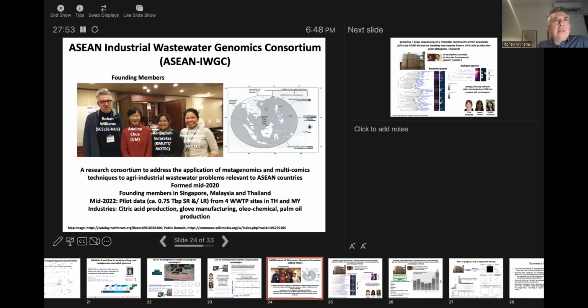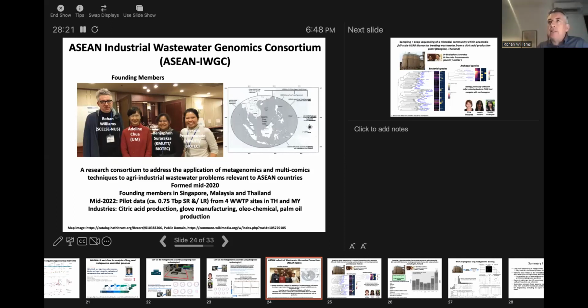And so if we move ahead a bit, this is another project that I'm particularly excited about. This is the ASEAN Industrial Wastewater Genomics Consortium, which is co-founded by myself and Adeline Chua from the University of Malaya and 2 colleagues from Bangkok, Benjamin Suraraksa and Perida Pramanate, who are from KMUTT in Bangkok and also are at a government research institute there.